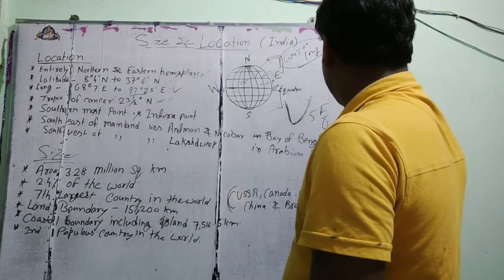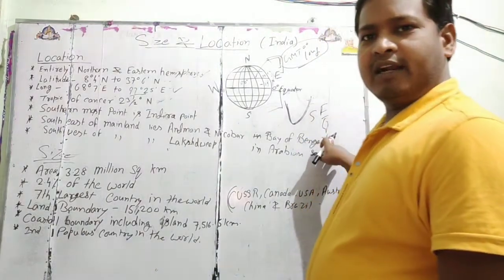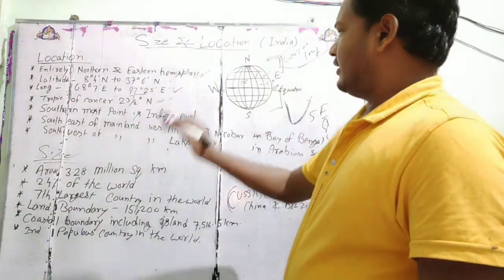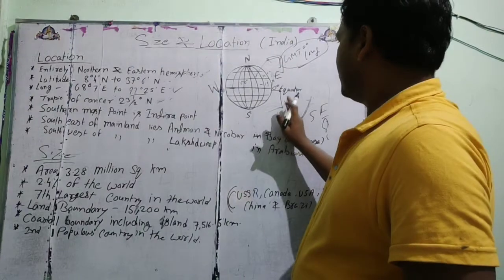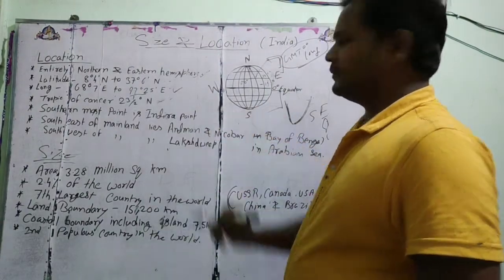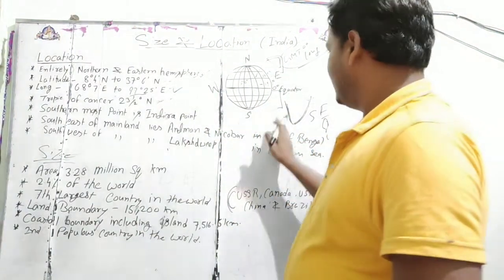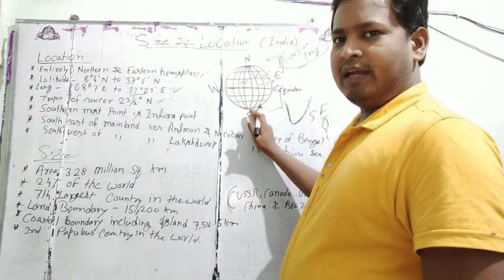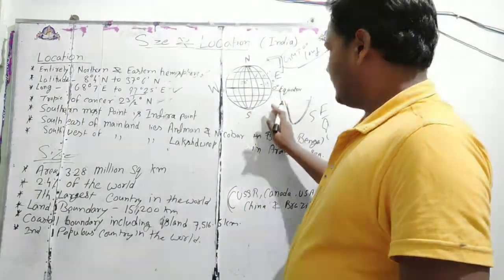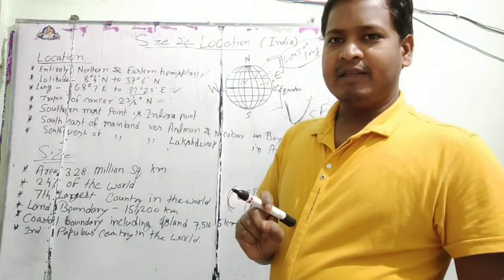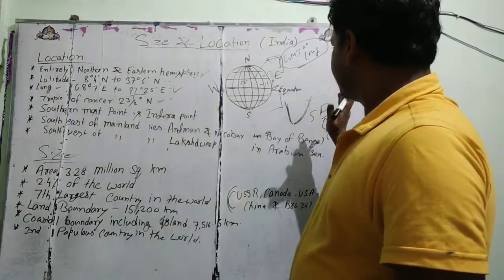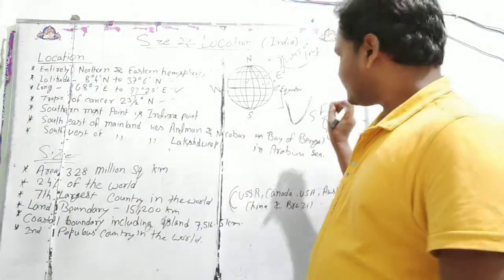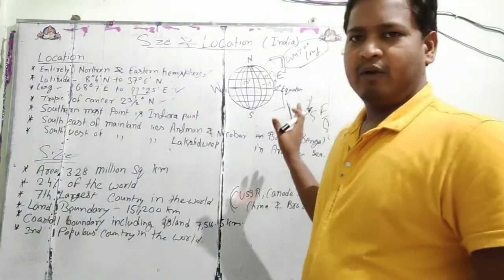Here lies an island that is Andaman and Nicobar, and to the southwest of mainland lies Lakshadweep. That is also an island, and Lakshadweep Island lies in the Arabian Sea. On the other hand, Andaman and Nicobar Island lies in the Bay of Bengal.